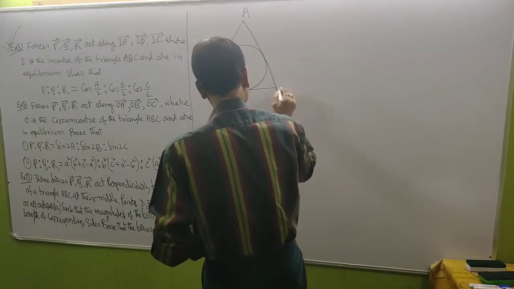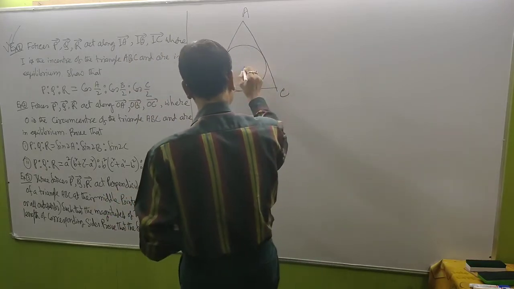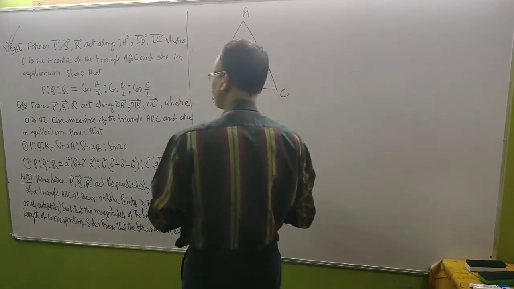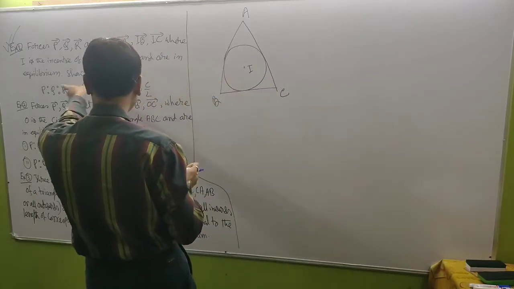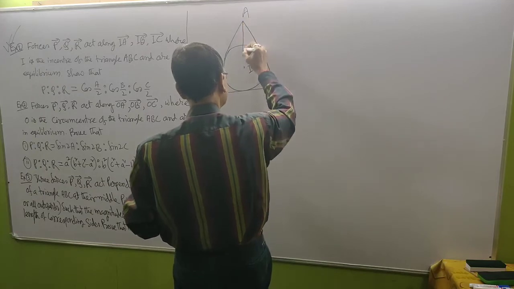ABC is the triangle. I is the incenter of the triangle ABC, and the forces are in equilibrium along IA, IB, IC.